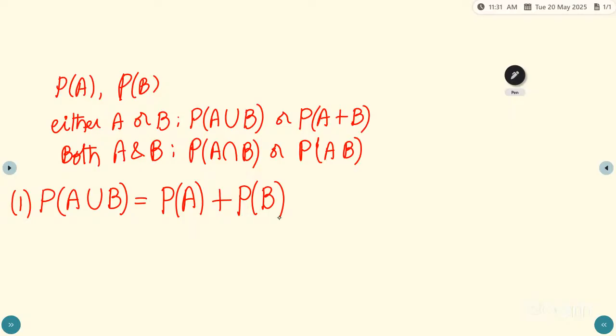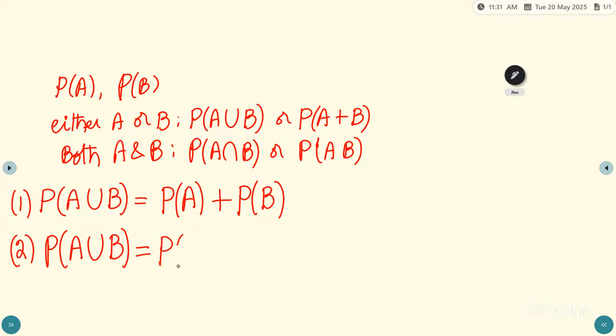So, in such a case, how to write this? Write down. If A, B are not mutually exclusive, then the probability of getting either A or B, probability of getting either A or B. So what is it now?